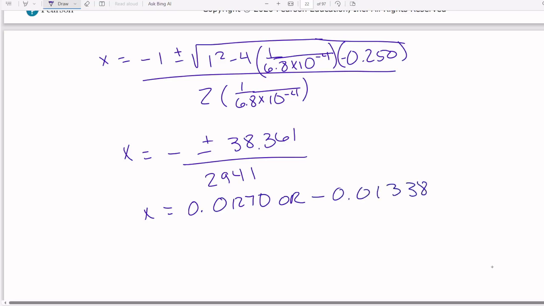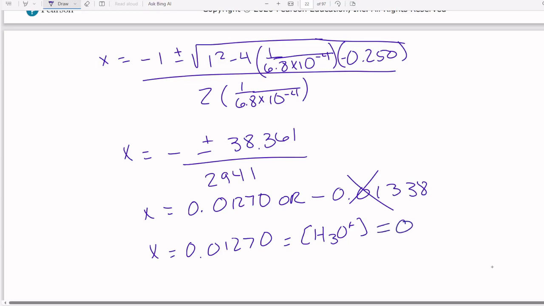We know we can't have negative concentrations, so that throws out the second candidate, which is going to be true for most of these problems, if not all of them. And so x is equal to 0.01270, which is equal to our H3O plus concentration. And so, if we're considering our sig figs, that's equal to 0.013. And so if you wanted to calculate the pH, you'd just take the negative log of that, and you'd have the pH of your solution.